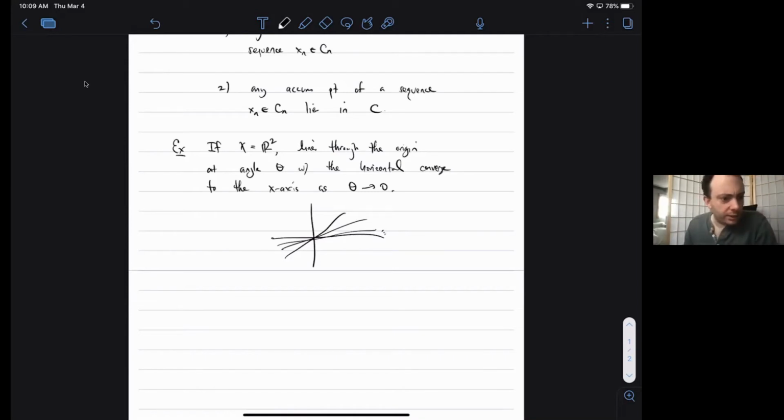Somebody asks, is there anything distinguished about compact subsets of X as points of C of X? I don't know. Nothing comes to mind at the moment. Not really. Maybe.